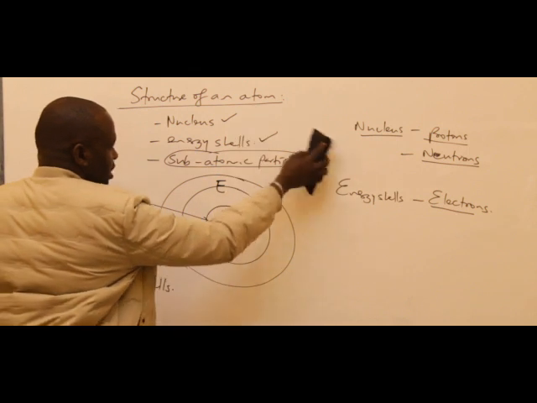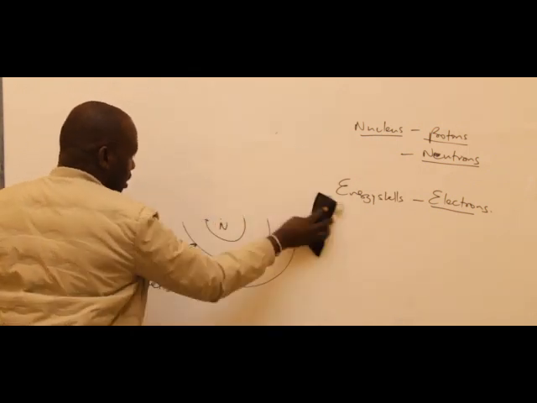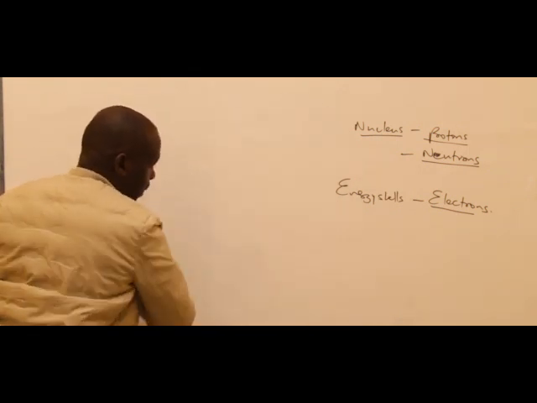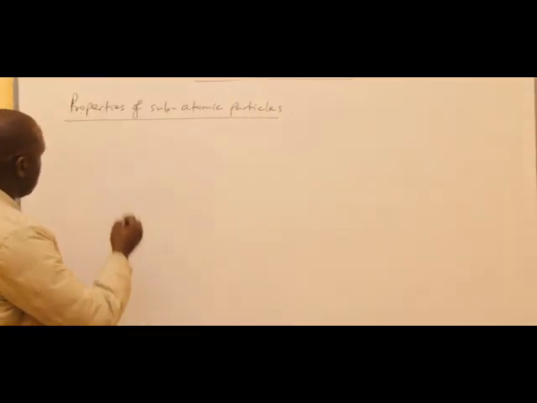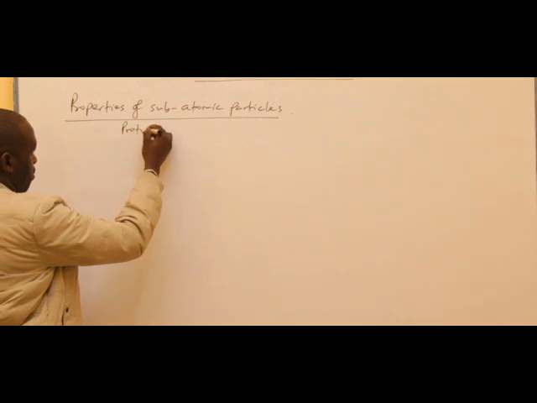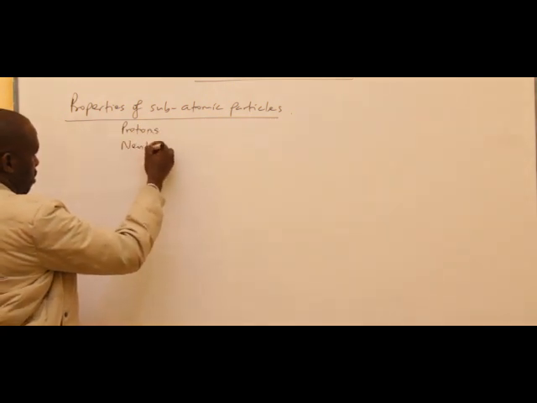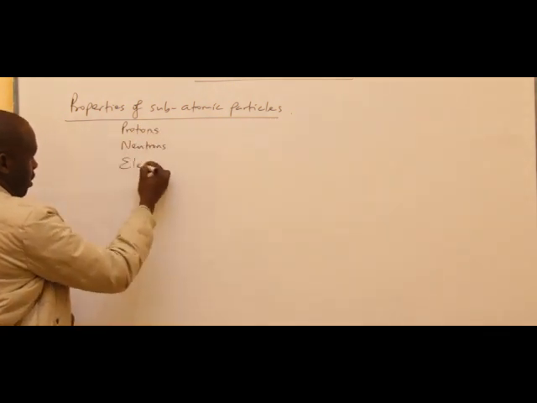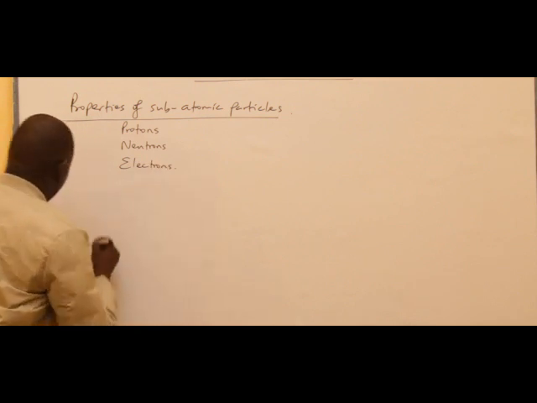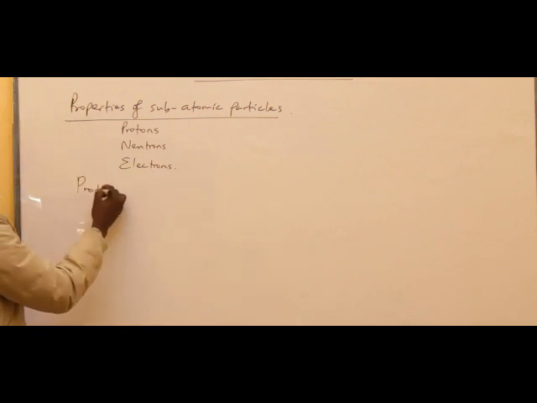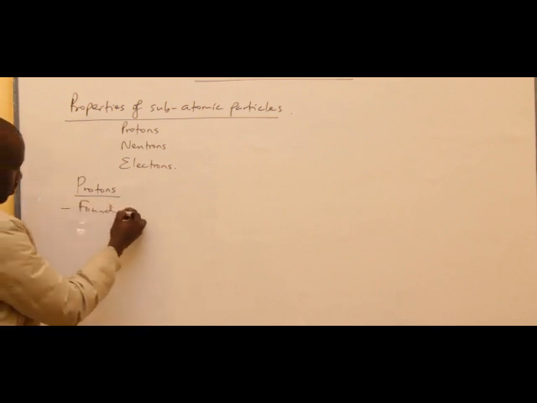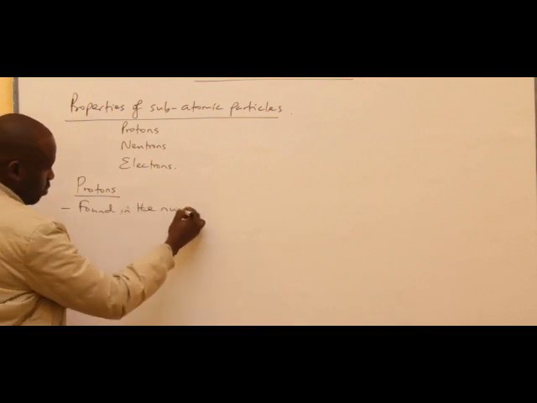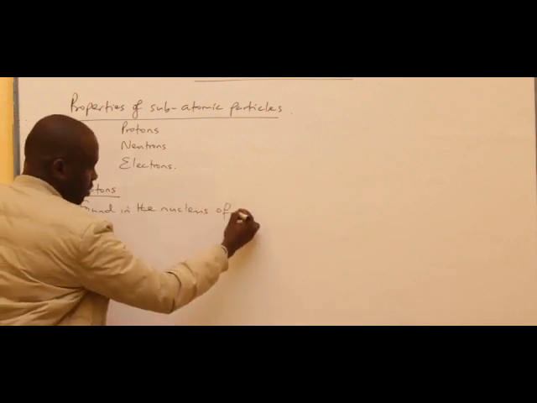After knowing the structure of an atom, we want to talk about these subatomic particles and their properties. We have said that the subatomic particles are three: protons, neutrons, and electrons. Let's first look at protons. Protons are found in the nucleus of an atom.